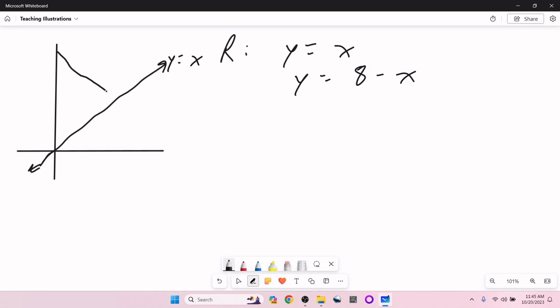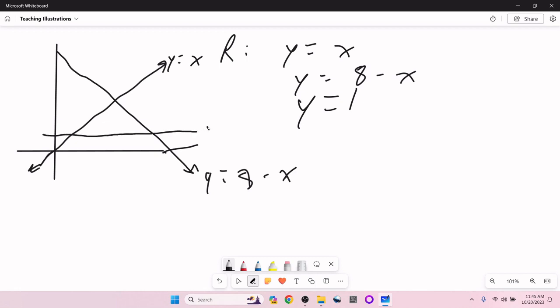Lines are all wobbly today. That's fine. And we've got y equals 1. That's here. Okay, so the region R must be this triangle here.